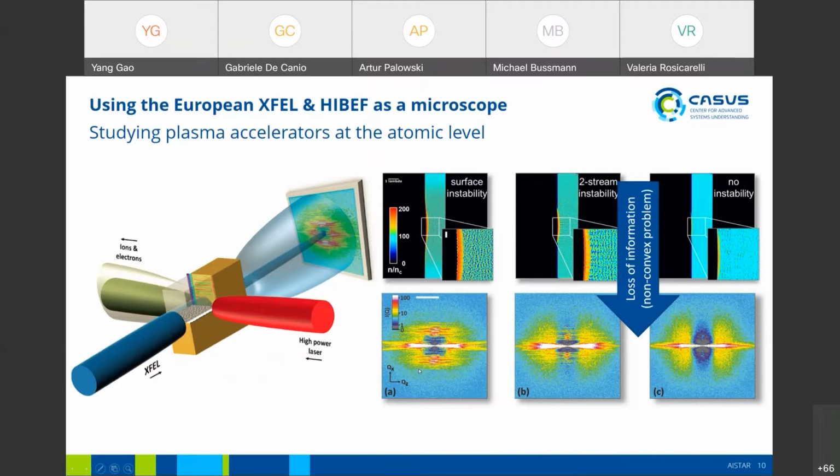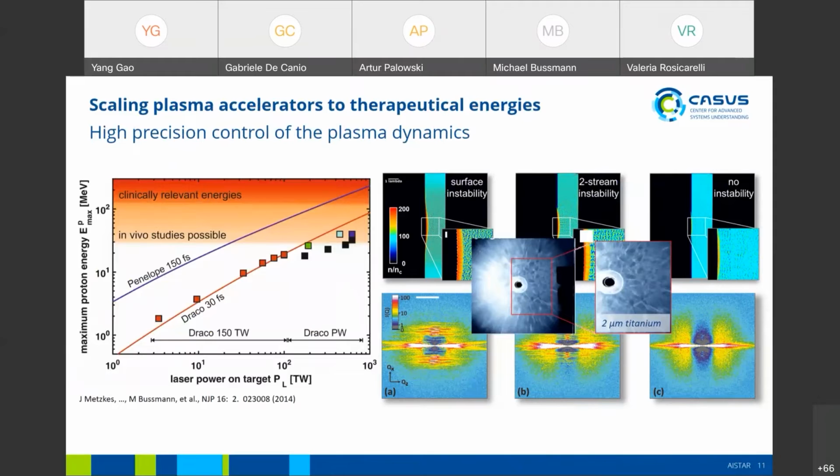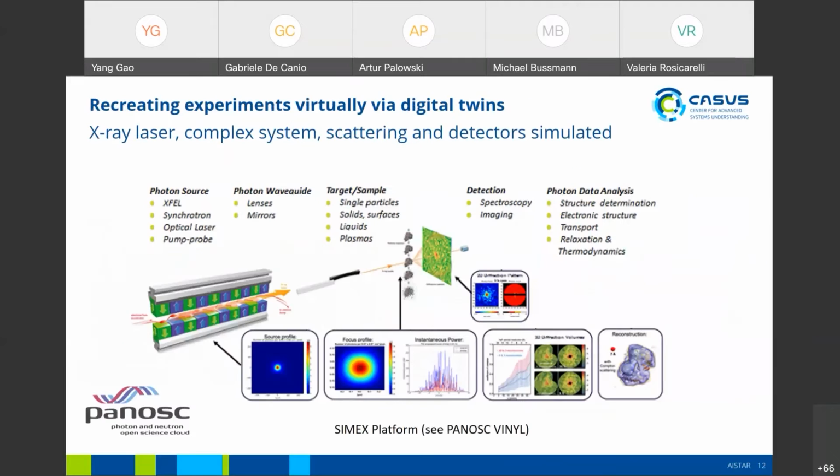And this is a loss of information. And the inversion of this problem is in fact a non-convex problem. If we now increase the energy of the high power laser to go to clinically relevant energies, those instabilities really show up, but we now have to decide which one is it, A, B, or C, just from the scattering picture. And you see they are different, but they do not contain the whole information that we need.